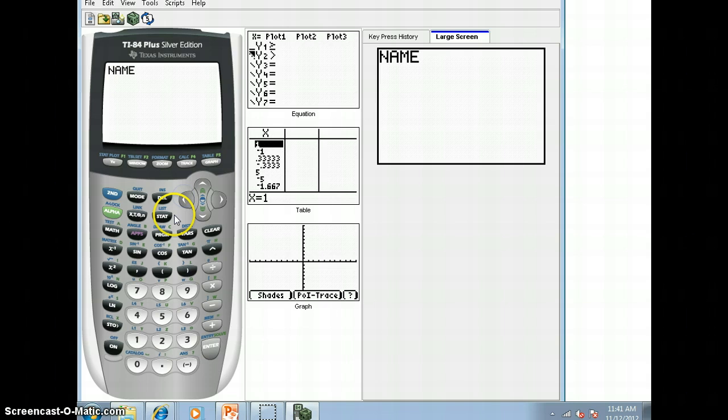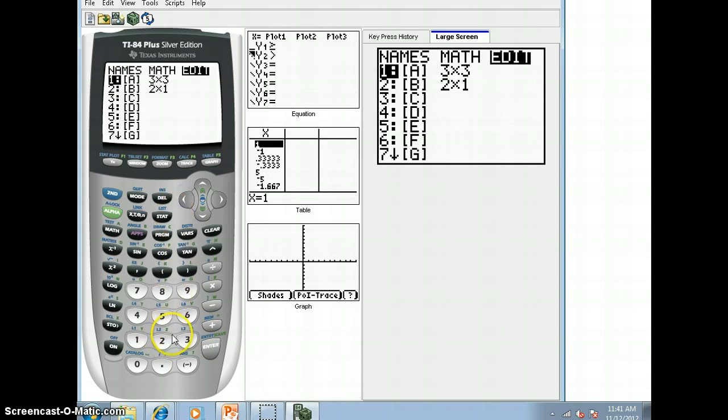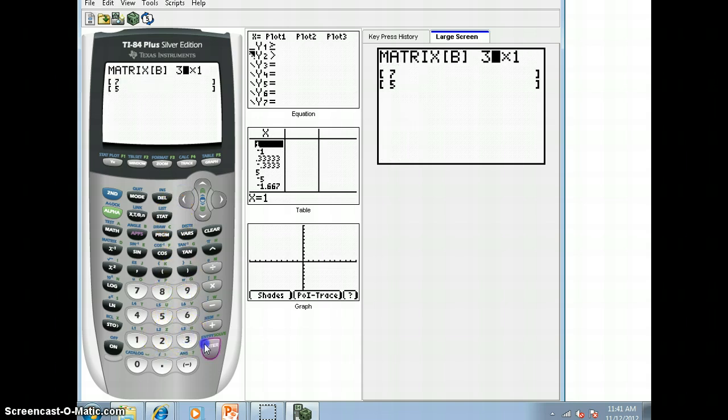Then I'm going to enter my matrix B, which is a 3 by 1 this time. And my numbers for matrix B are 2, 5, and 14.